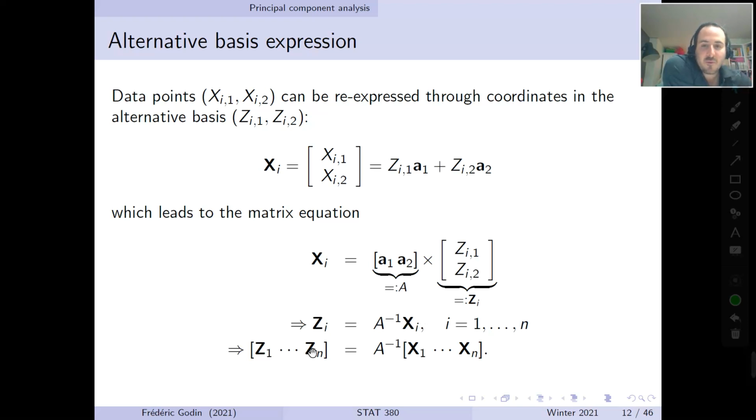If we want to do that simultaneously for all data points, to get the new coordinates for all data points, we can stack these equations into a matrix.